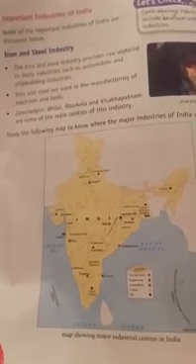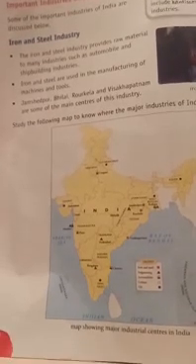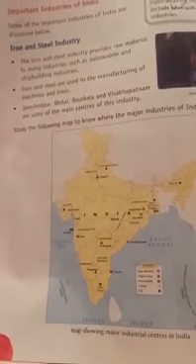Here we can see Jamshedpur, Bhilai, Rourkela, and Visakhapatnam are some important main centers. All these cities are the main centers for the iron and steel industries.